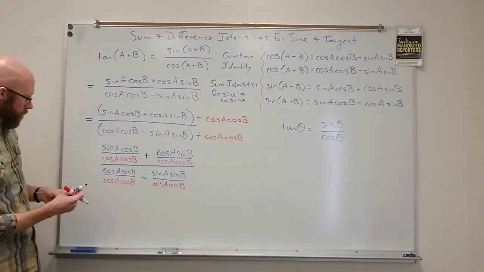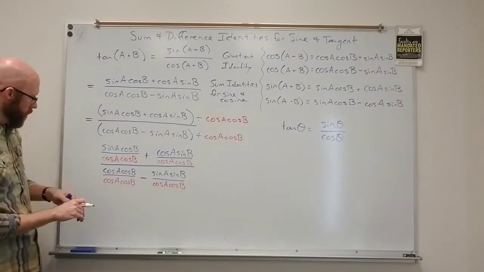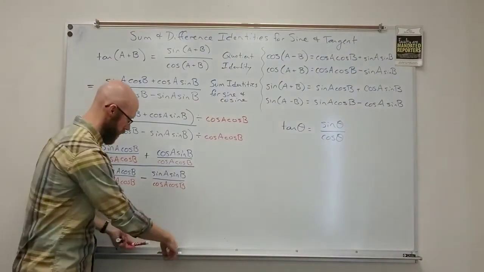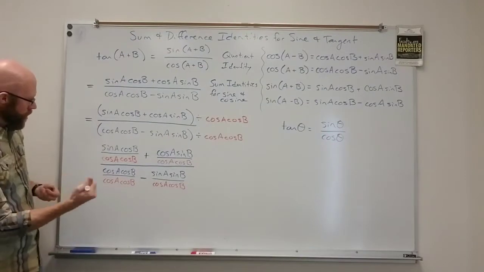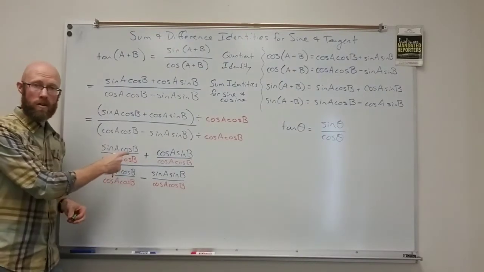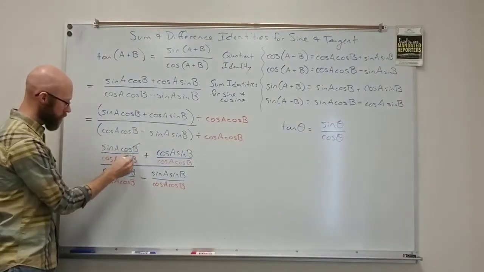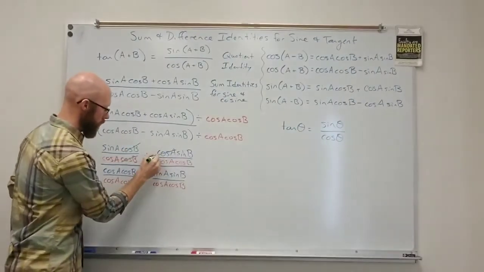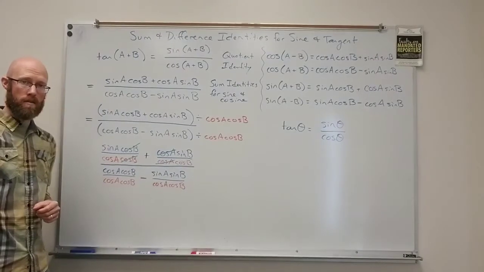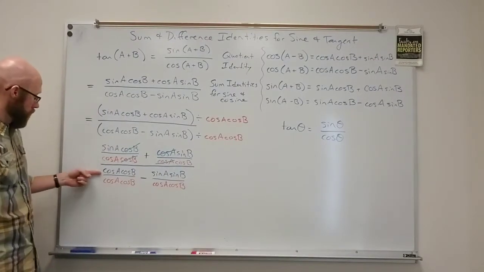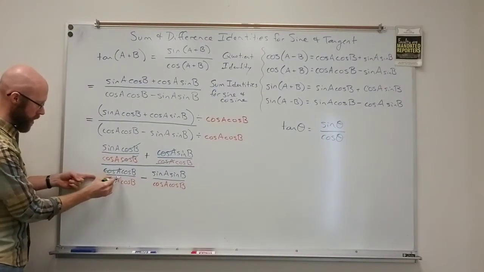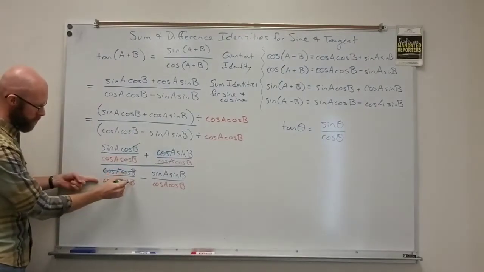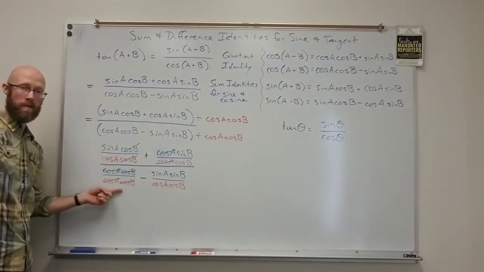So what I'm noticing, maybe I'll change my color here to green, is that in each fraction I can do some reducing. I have cosine B over cosine B that cancels off. Here I have cosine A over cosine A that cancels off. This one has cosine A, and cosine B, cosine B. Everything cancels off of that one.